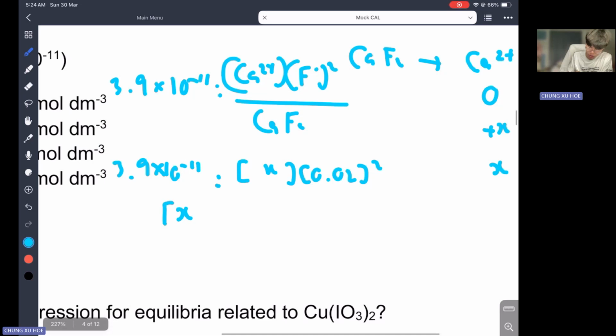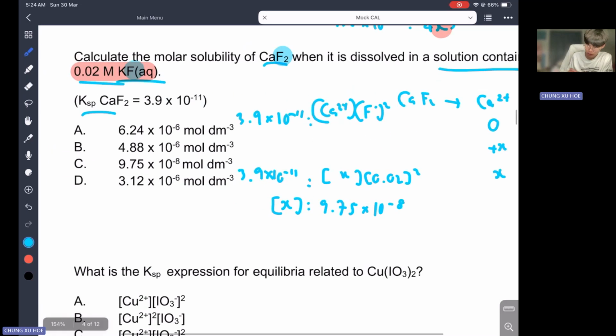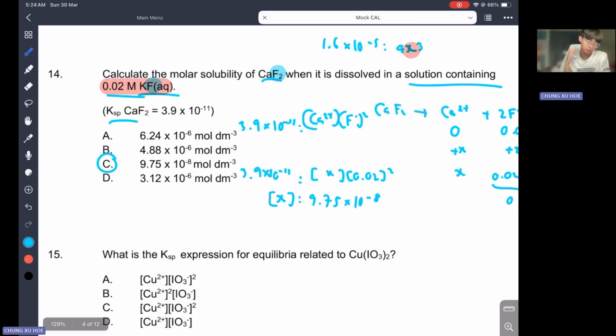Your x concentration is going to be 9.75 times 10 to the power of negative 8. Throw away your CaF2. 9.75 times 10 to the power of negative 8 mole per dm³. The answer will be C. Done.